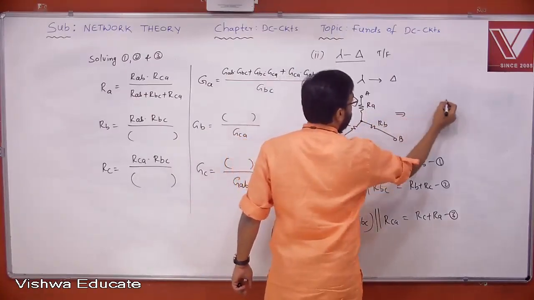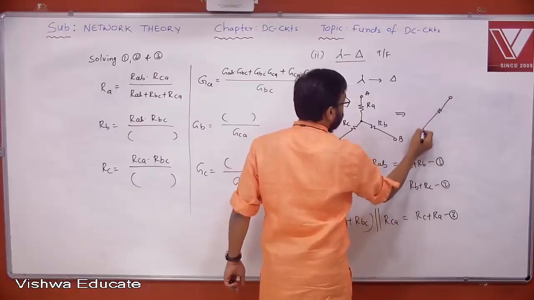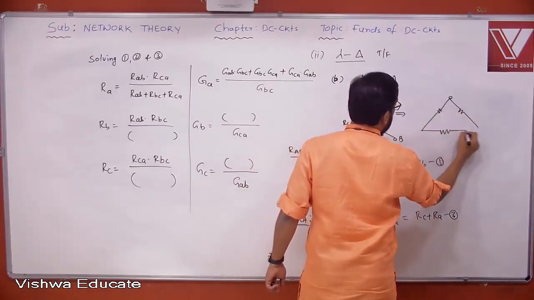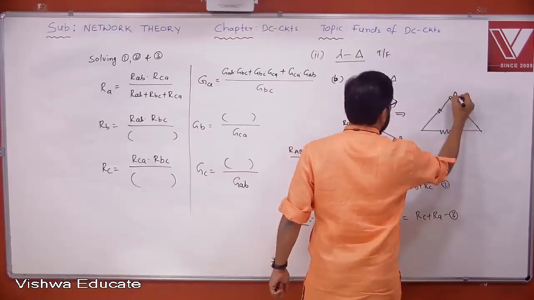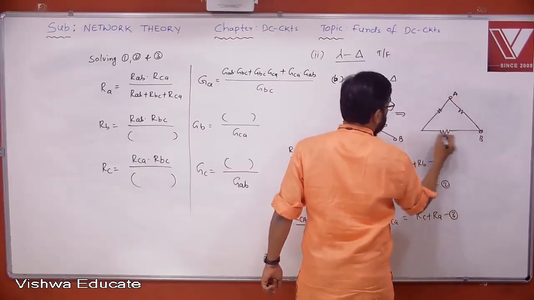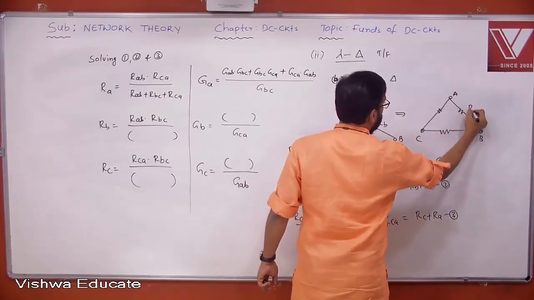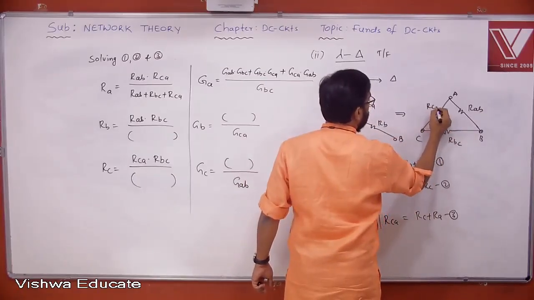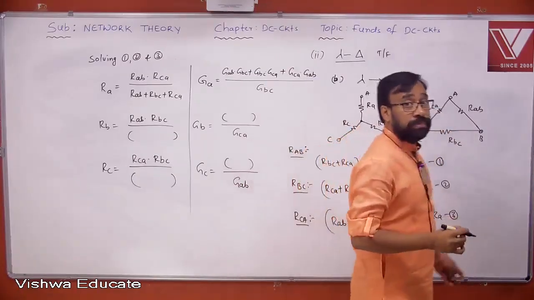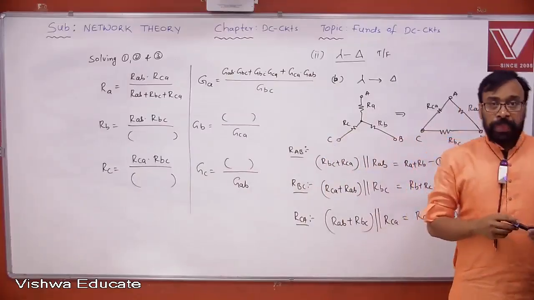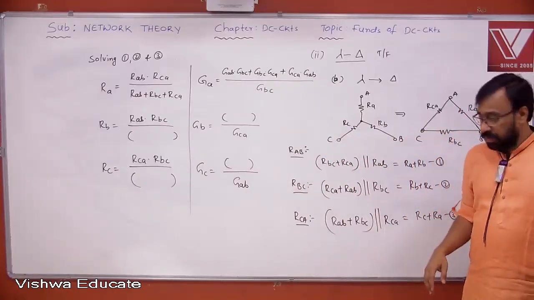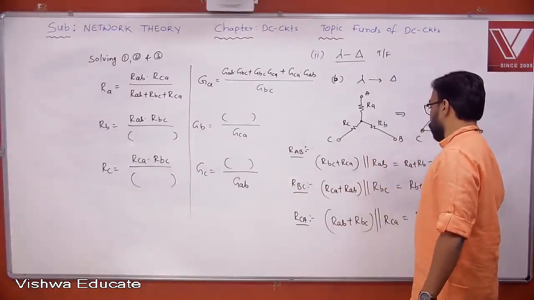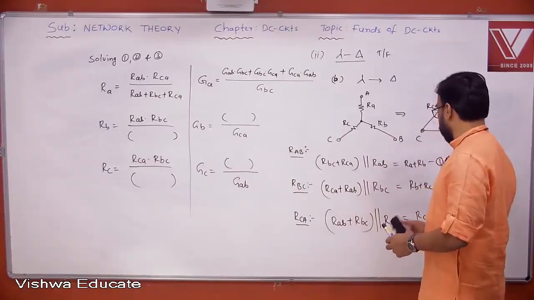And now you are dealing with the reverse. Same equations, but reversed, you are supposed to write. RA plus RB is equal to this, and all those things.